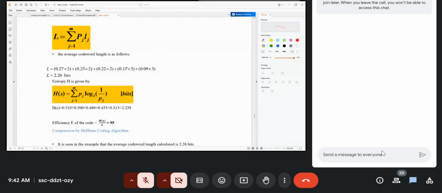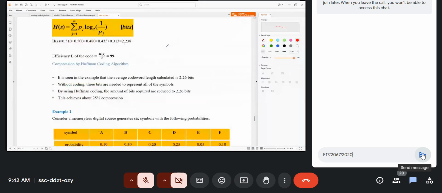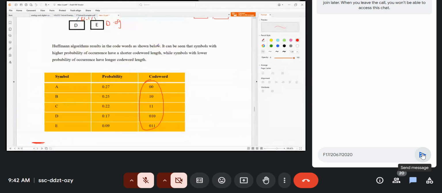Kraft, I think I didn't write about it. Kraft-McMillan inequality, which is a necessary and sufficient condition for a code to be uniquely decodable. Yeah. So we'll stop there.